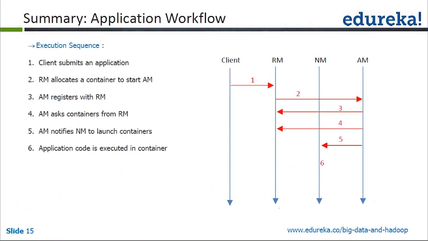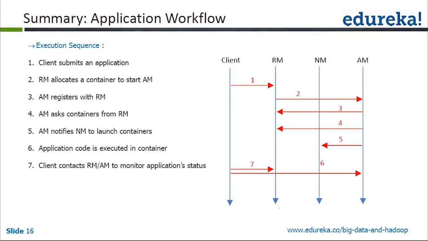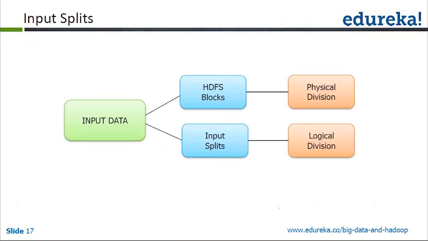The steps are shown here. The application code is executed in the container. The client contacts the resource manager or application master to monitor the application status, and once it is done, the application master unregisters with the resource manager.